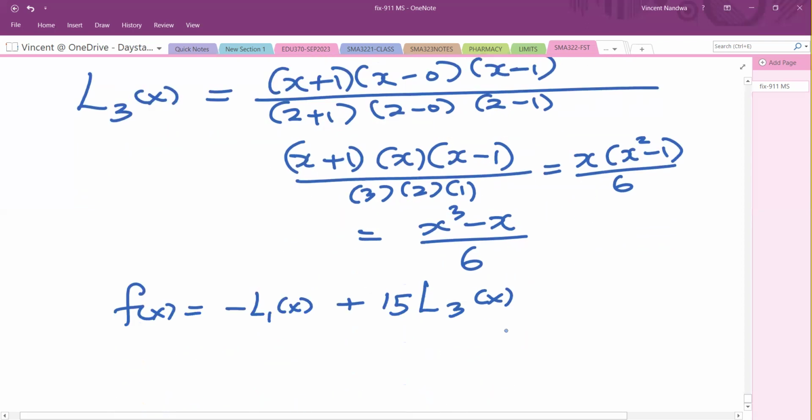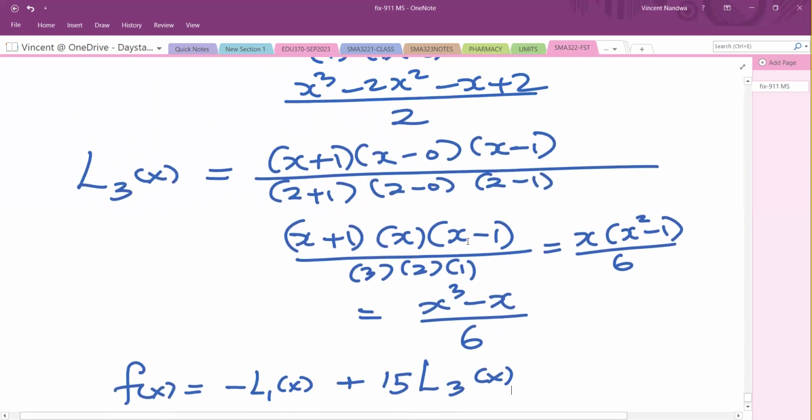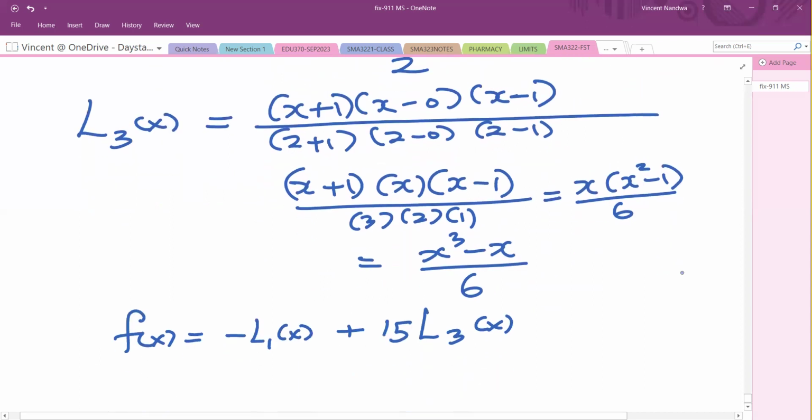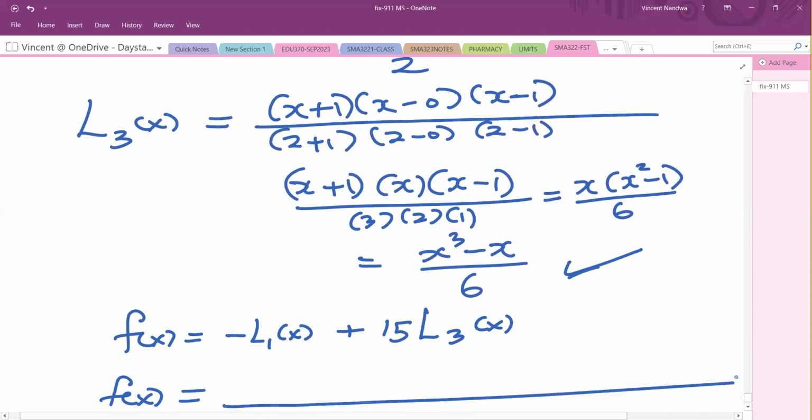So can you substitute, negate the L1, which is obtained from here, and then multiply this by 15, collect like terms and tell me what will be the value of f of x.